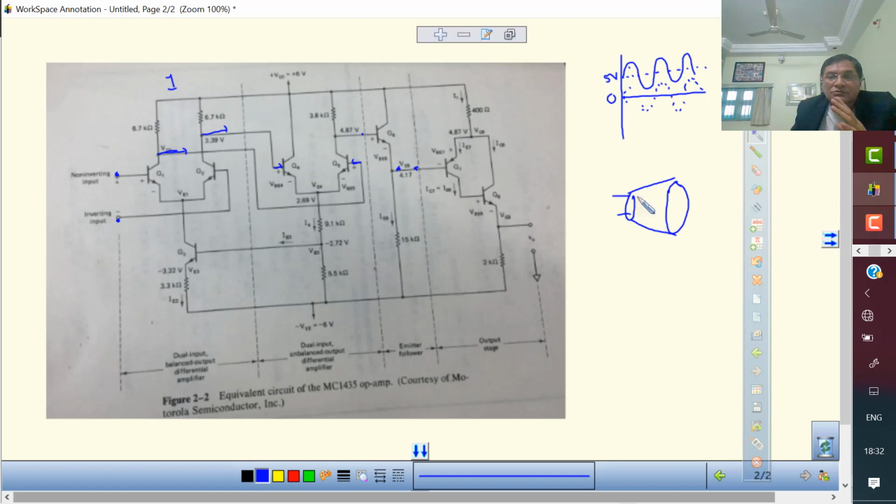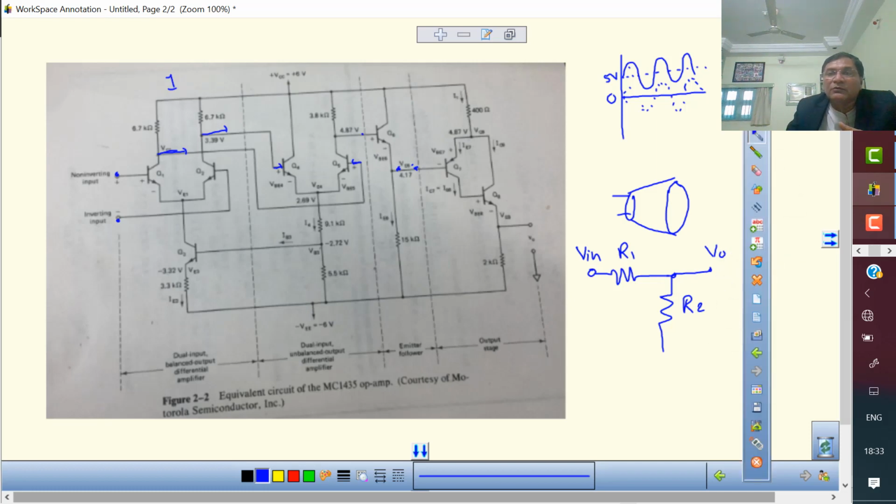All electronic devices have their own resistance. The speaker has its own resistance because of the coil. Suppose I say this resistance is R2, and the resistance between these 2 points is R1. Whatever output is coming over here, suppose I say Vin, then the output here is VO.